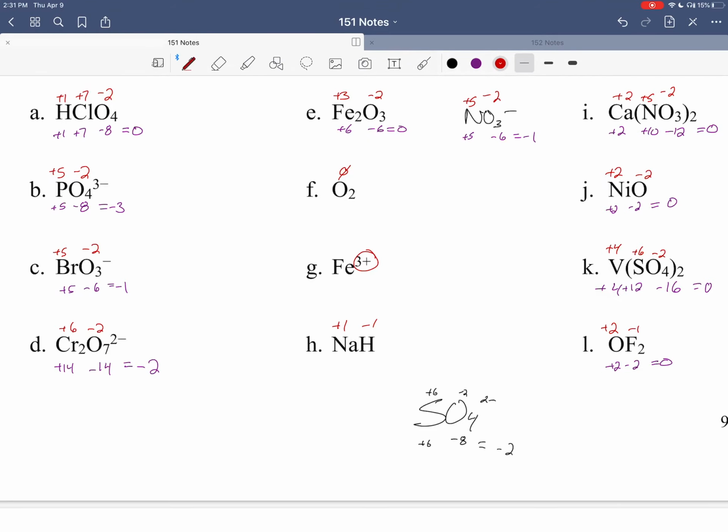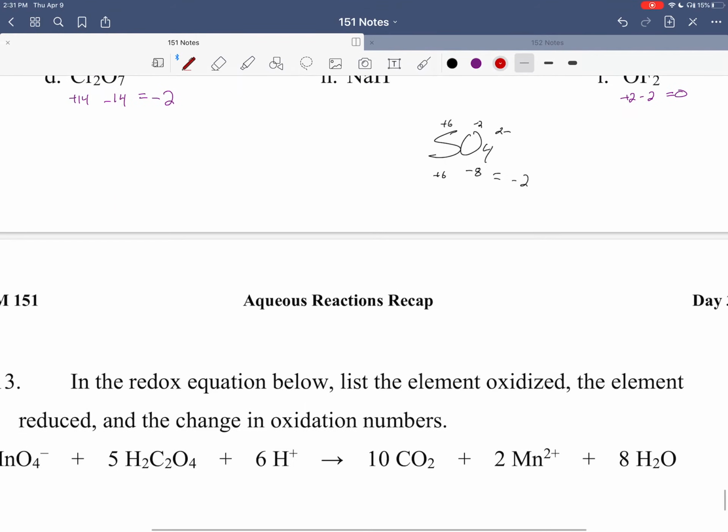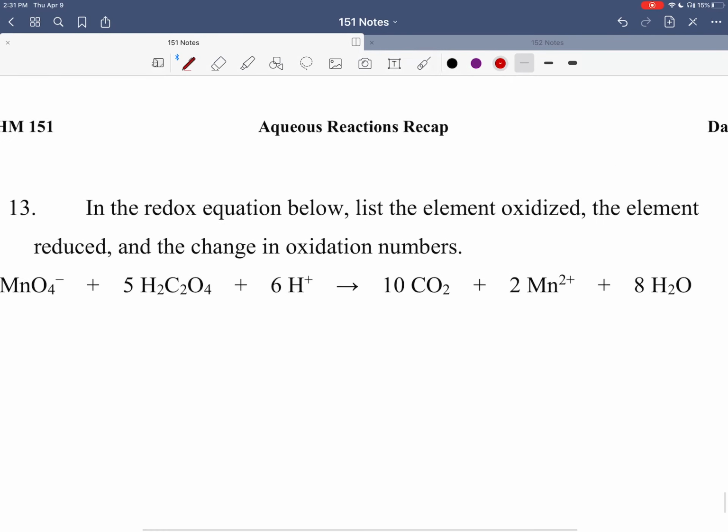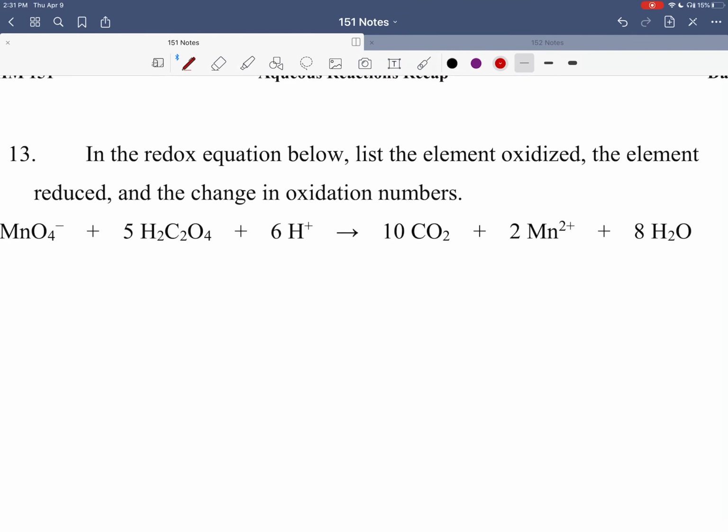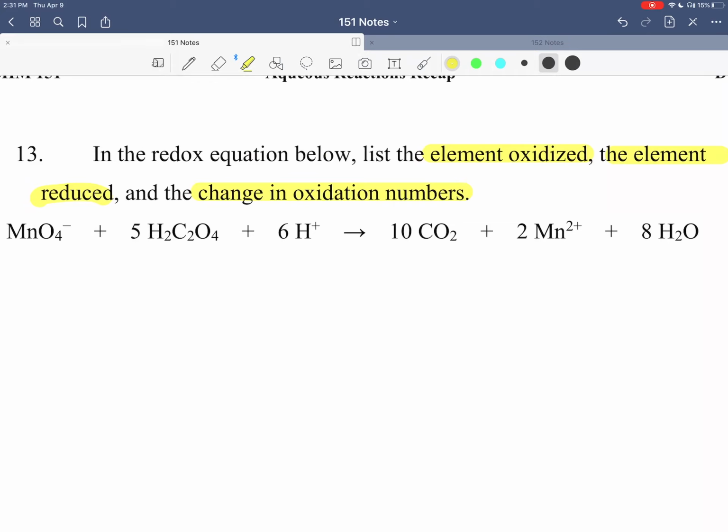All right. Number 13. The last one. In the redox equation below, list the element oxidized. So we are listing who's oxidized, who's reduced, and the change. So we have to do oxidation numbers. Permanganate, we know oxygen's -2.